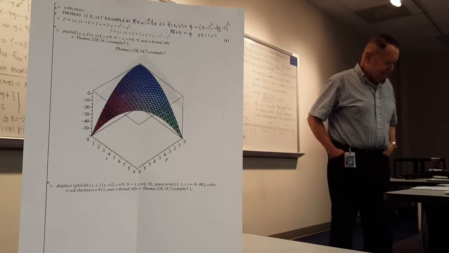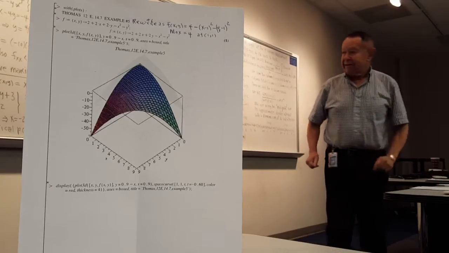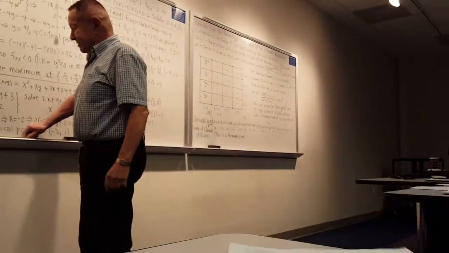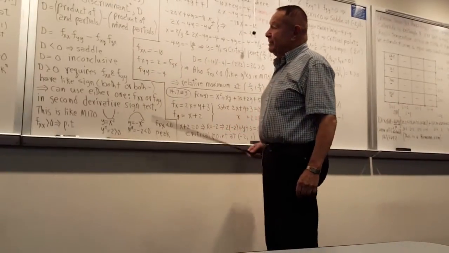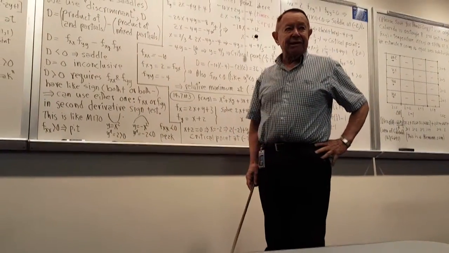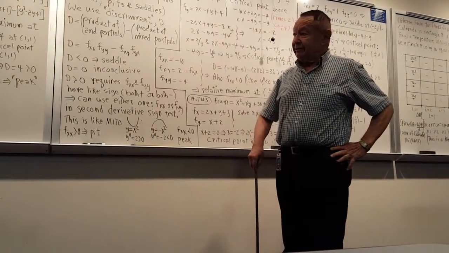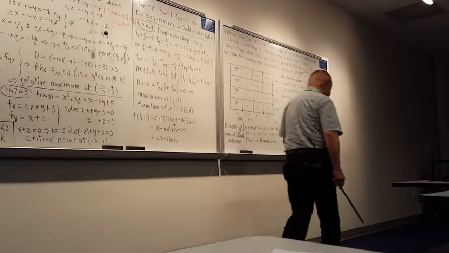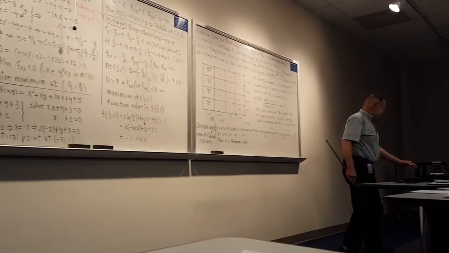So back to the example, in the case of this particular problem you could decide algebraically whether there is a peak or a pit, and if so, where, even if you didn't have calculus.